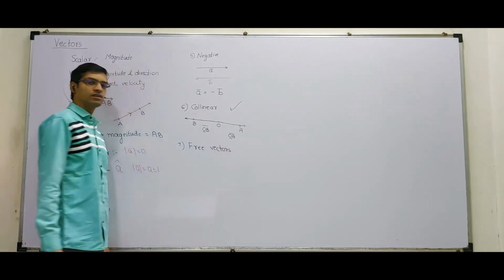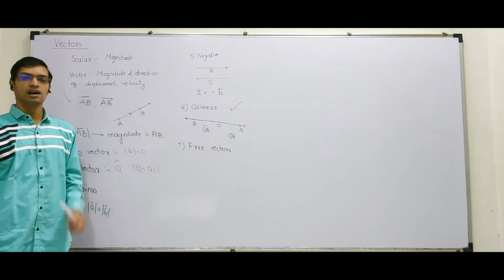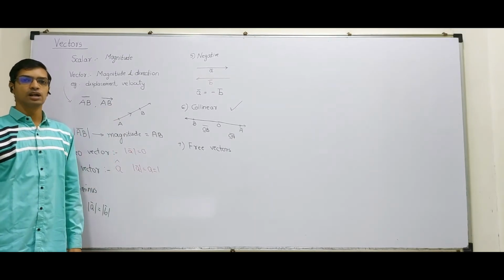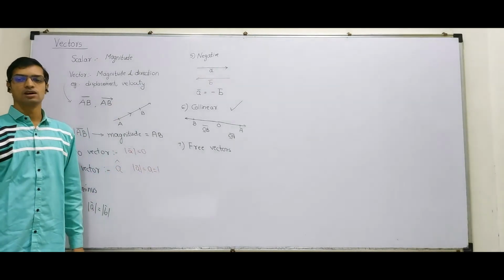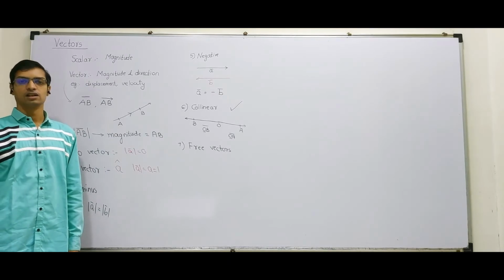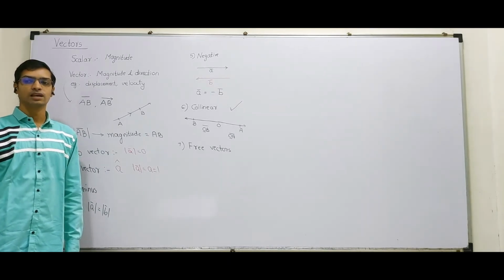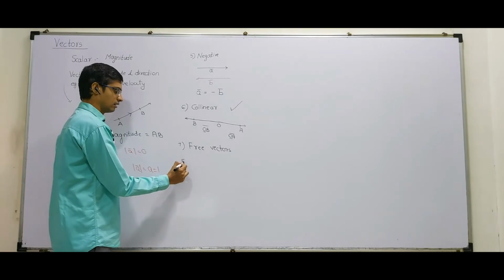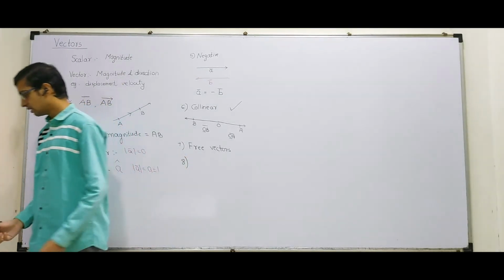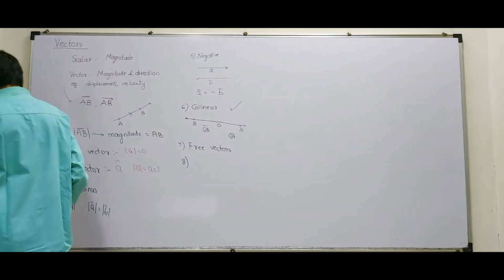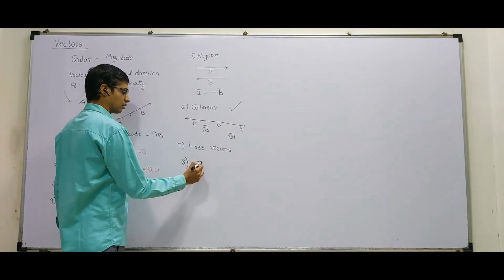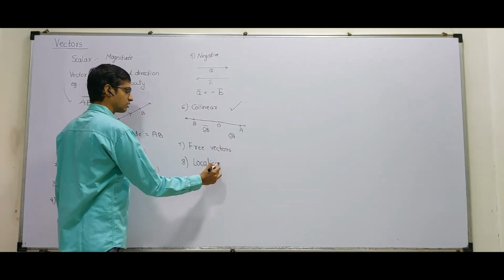Okay. Then next we have free vectors. If I can shift the vector from one place to another without changing its magnitude and direction, then those vectors are called free vectors. Okay. I think one more is left, that is the localized vector.